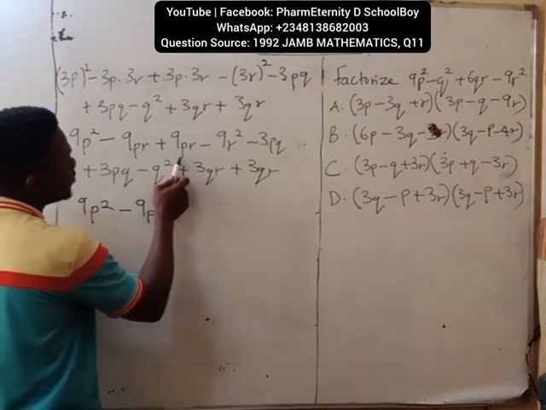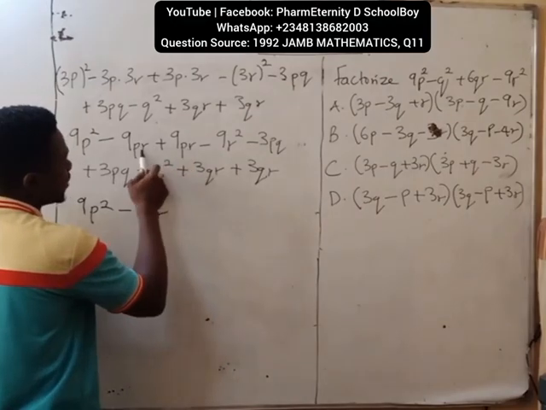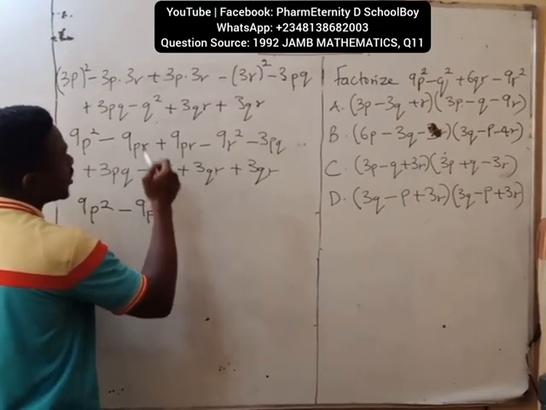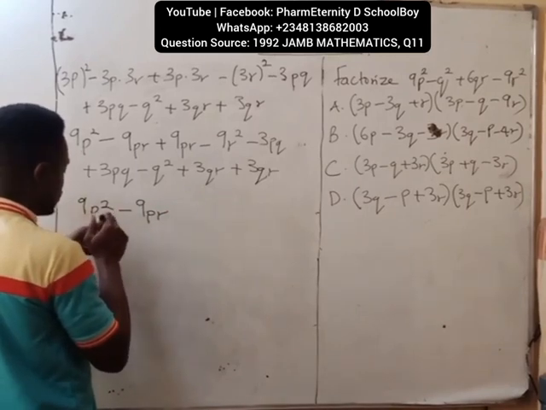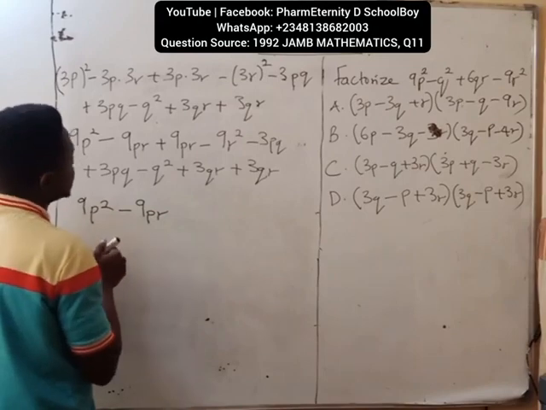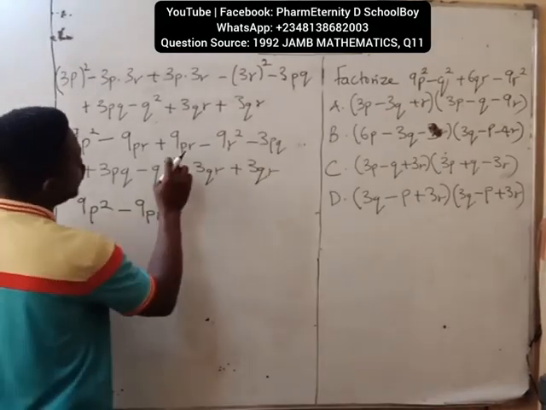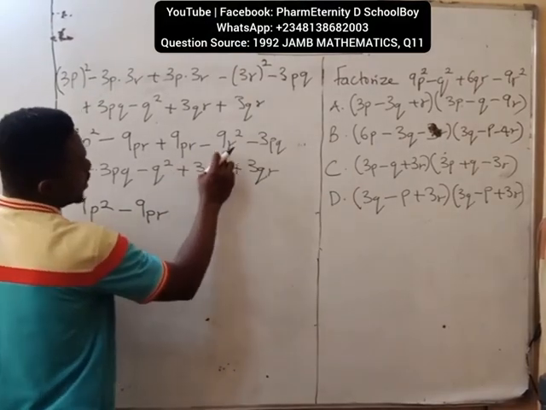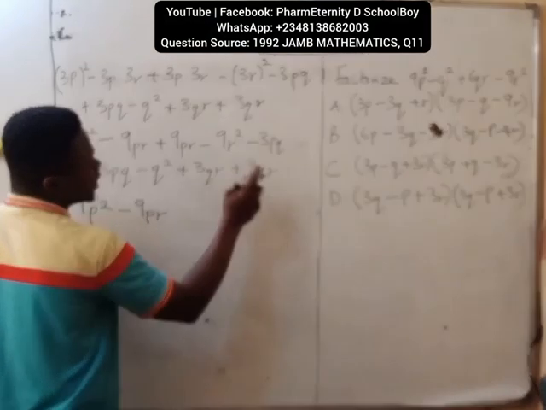At the same time, it contains R. So no two terms should repeat themselves again except the term that is your focus point, and P is the focus point in this group of terms. So we will not use this PR. This 9R squared, there's no P here, so you will not use this.